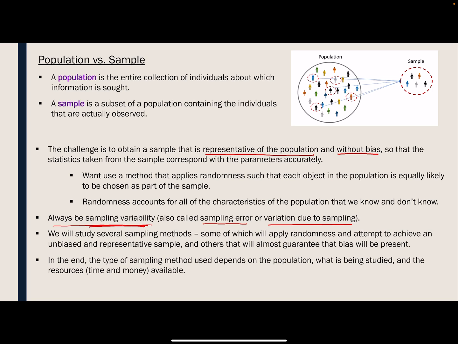In the end, though, the sampling methods that we choose in the real world will completely depend upon the population, what's being studied, and the resources that we have, the time and the money. So these quote-unquote bad sampling schemes, you actually see them a lot, and you see them a lot because they are quick and they're cheap. So we do have to take into consideration the resources that we have when we're creating samples.